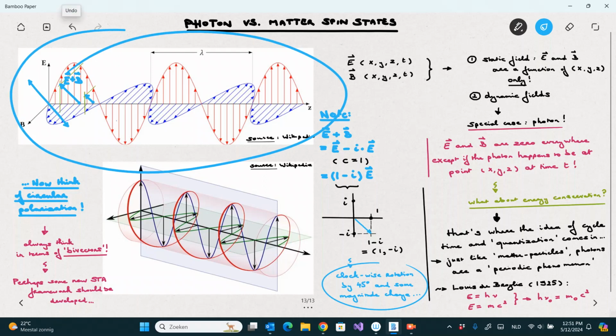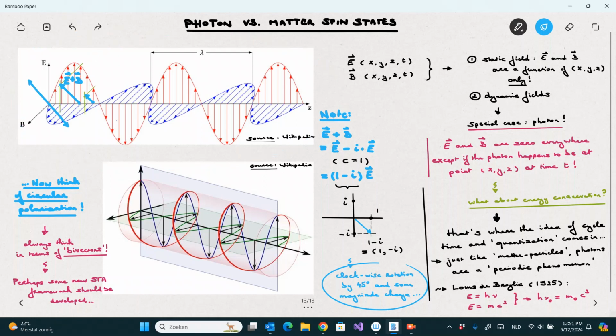This is a linearly polarized wave, or at least the image of an electric field vector that is oscillating up and down, a nice sinusoidal form. And as we know, that comes with a magnetic field vector, which you see here.